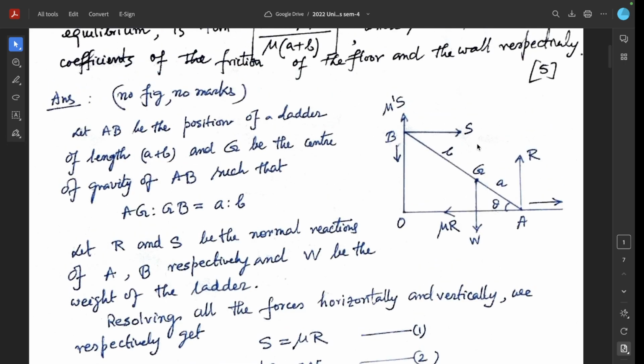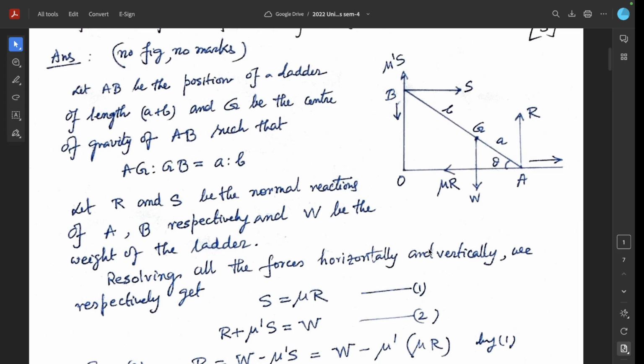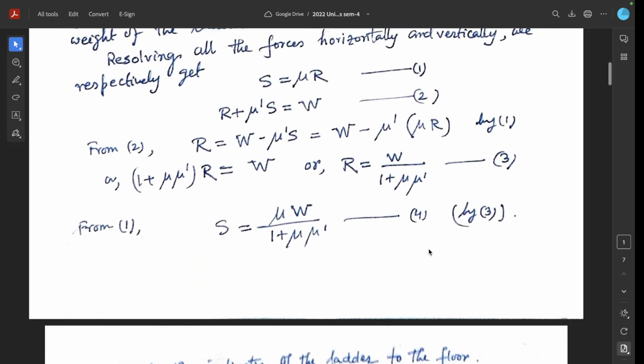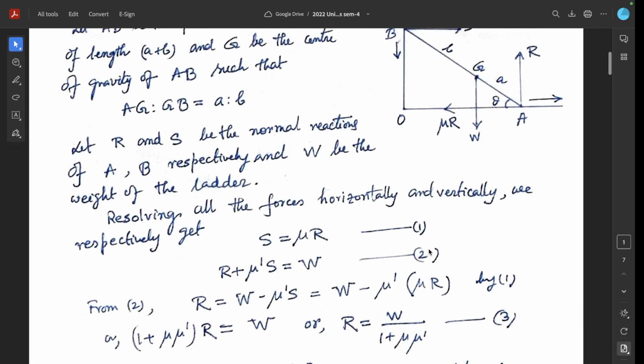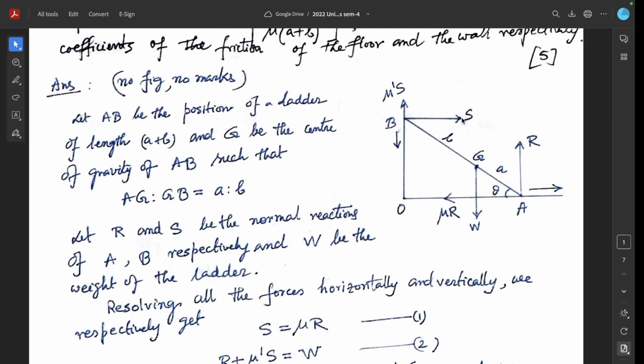For the force S, the perpendicular distance from the point A is BO. In the right angle triangle ABO with angle theta, the hypotenuse is a plus b, so the height OB equals a plus b into sin theta.